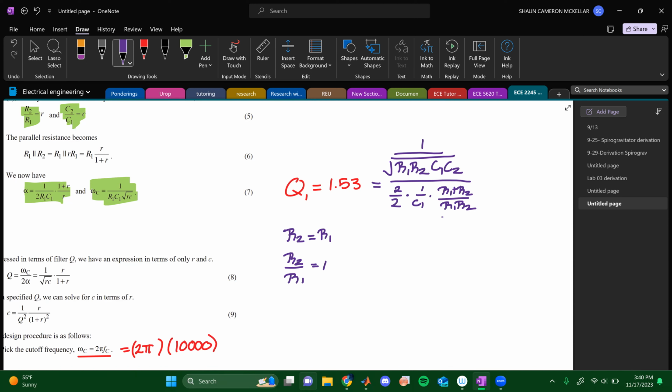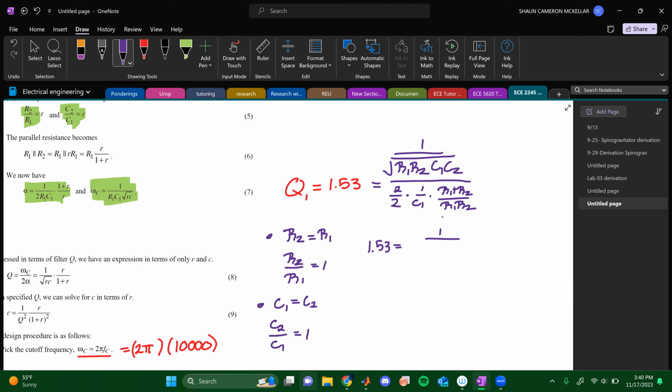If they're equivalent, then I can start to factor stuff in here. So then I would get that 1.53 is equal to 1 over, and we also have to choose a similar relationship for C1 and C2. So let's say that C1 equals C2, or that C2 over C1 equals 1. So we chose these two criteria.